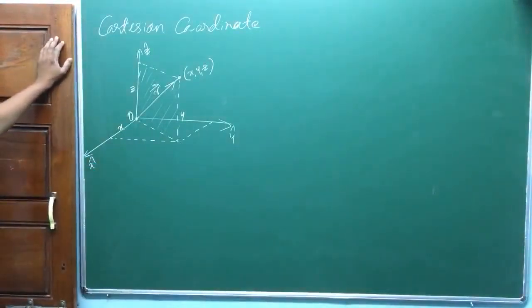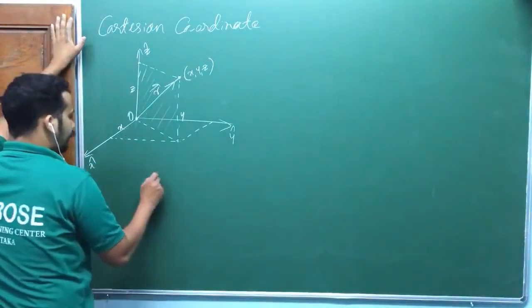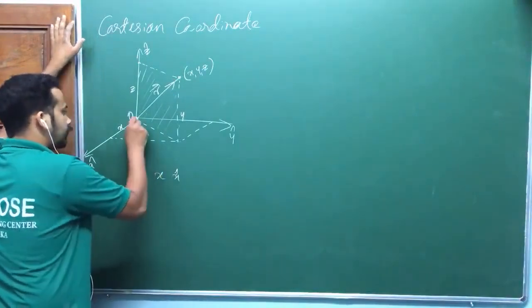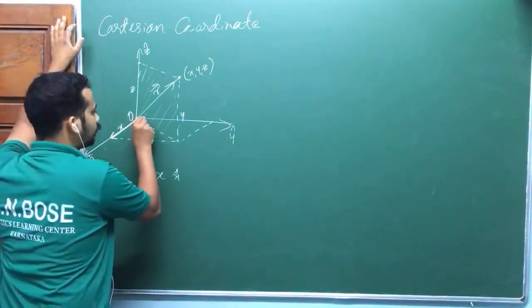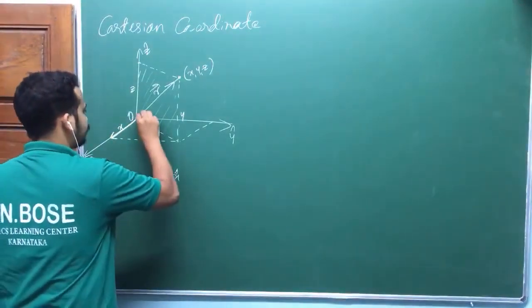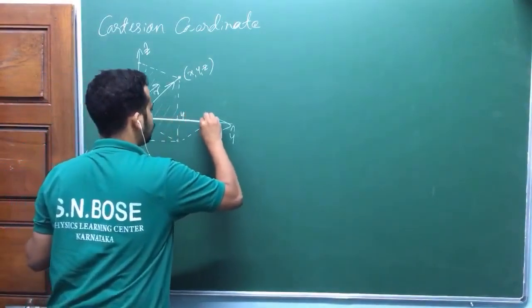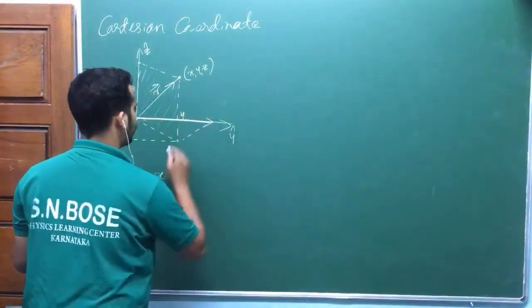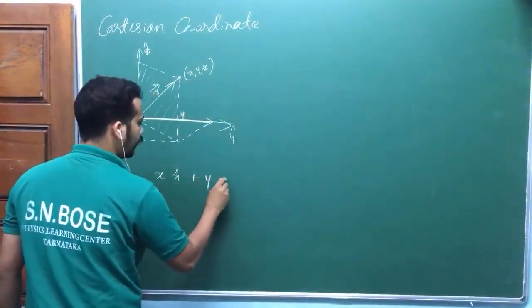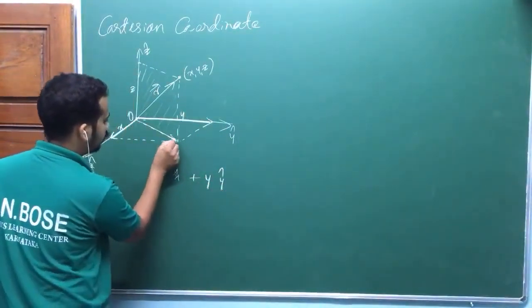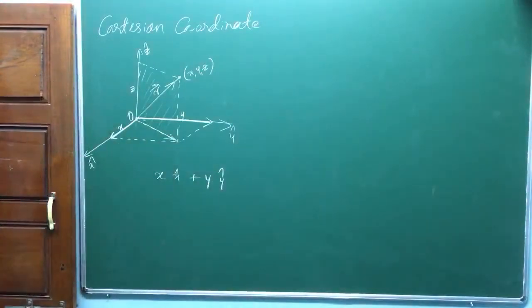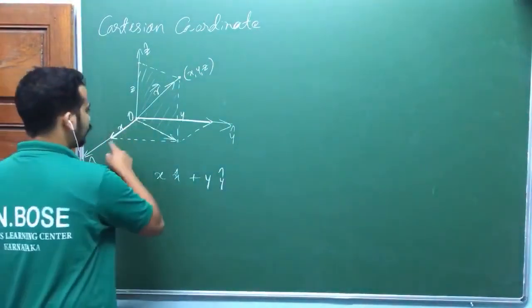In the case of Cartesian coordinates, we write like this. Now what we do is, we define x into x cap, this vector. And then y into y cap, this vector, am I right? What is the resultant vector? That is this one, isn't it? x into x cap plus y into y cap.